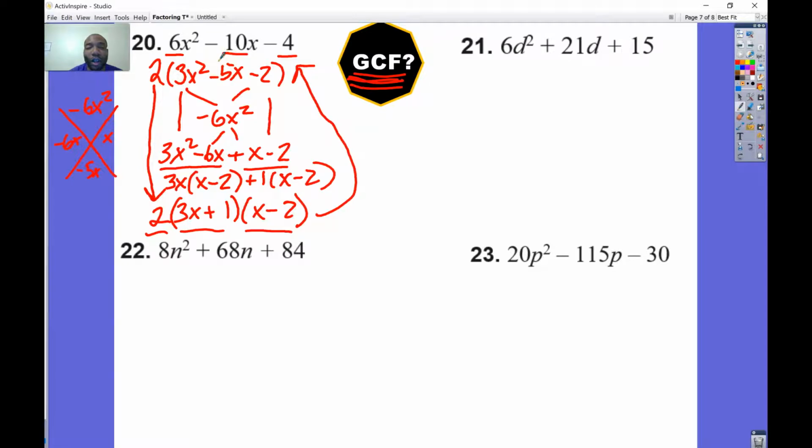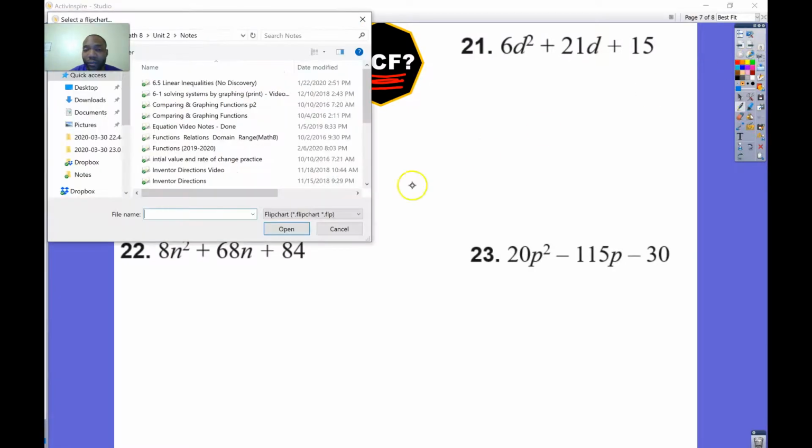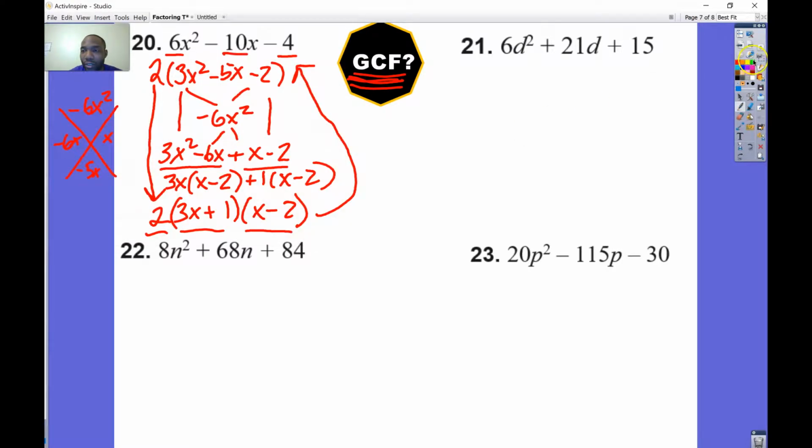All right, so what I was saying is if I distribute, I was trying to press U. There we go. If I distribute back this in here, you don't have to write this down, I will end up with 6x plus 2 times x minus 2.